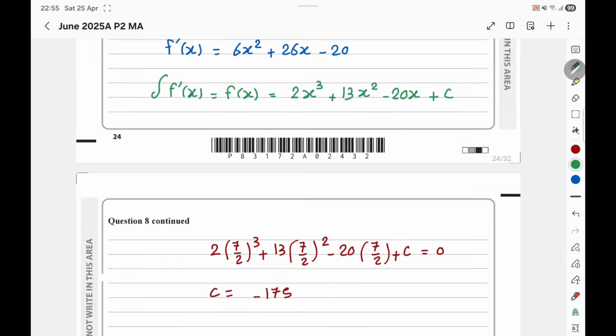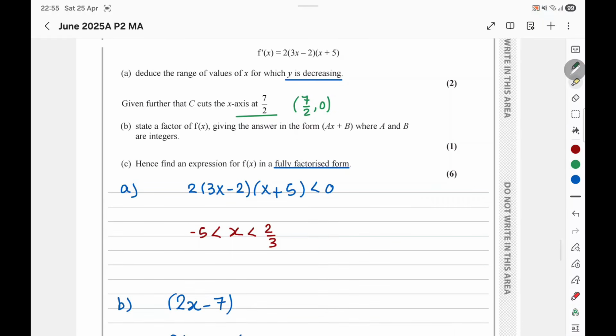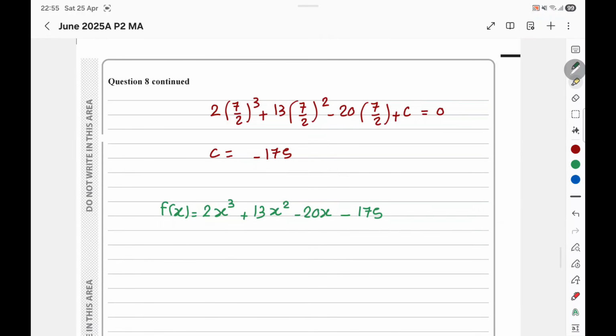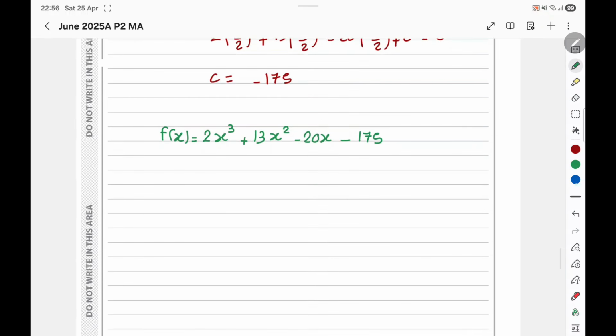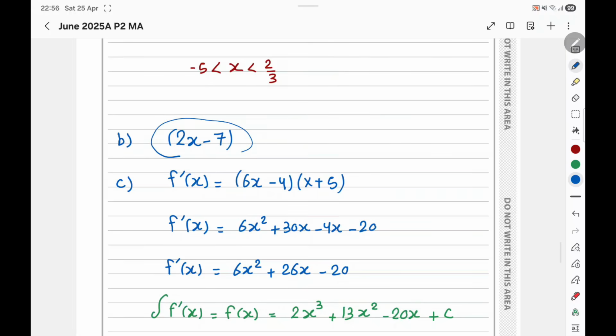He wants the final answer in a fully factorized form. How to factorize this? Maybe someone would say use mode 5 4 on the calculator, but you will not get the full mark. So how are we going to get the full mark? We will do long division by the factor that we know, which is 2x minus 7.